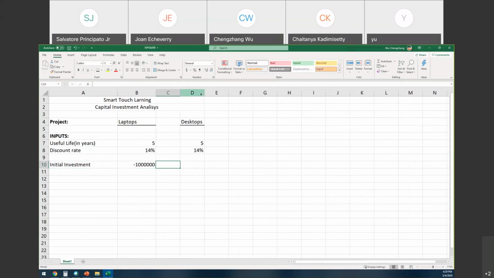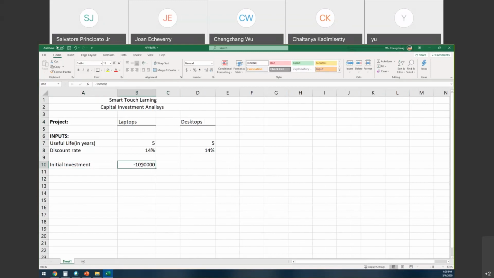Make this column wider. And the same initial investment for the desktop project.